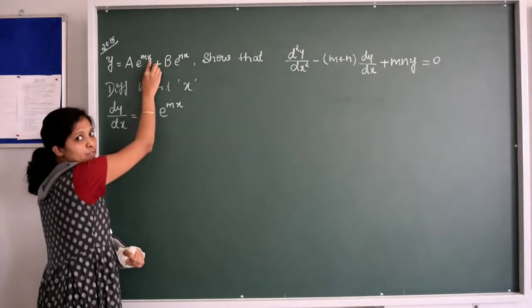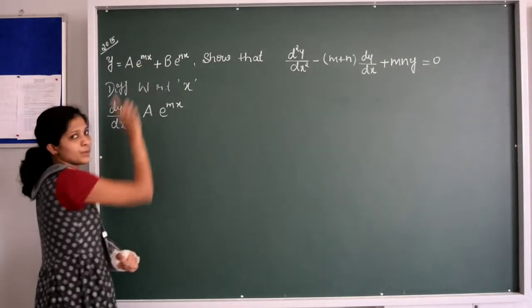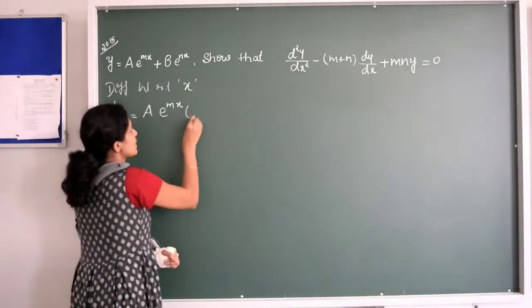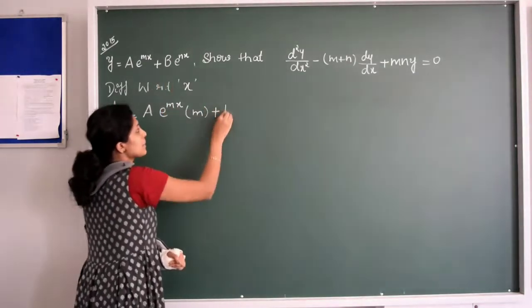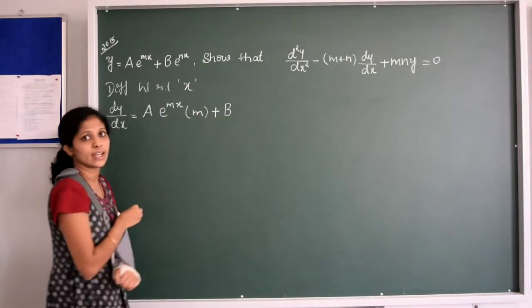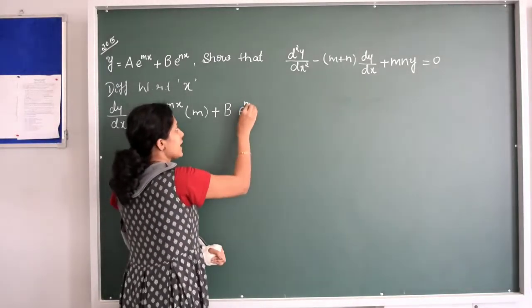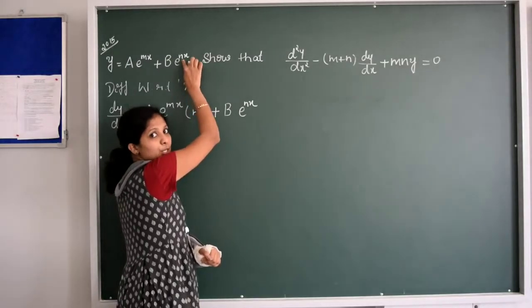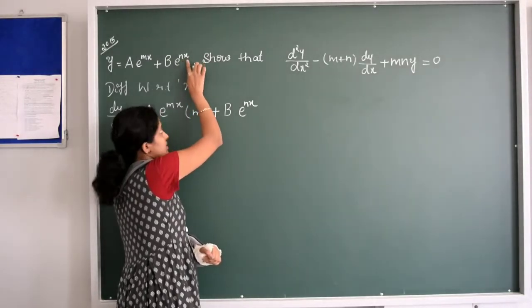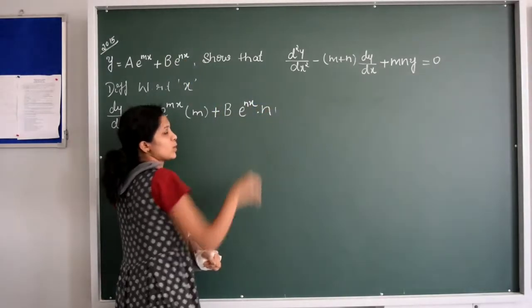Derivative of mx with respect to x, it will be m is constant as it is, and derivative of x will be 1. So this is multiplied with m. Is it clear? Plus next one, b is as it is constant. Now derivative of e to the power nx will be e to the power nx, and then derivative of, here also we are applying a chain rule, e to the power nx, n into x, n is constant as it is, and derivative of x with respect to x will be equal to 1.